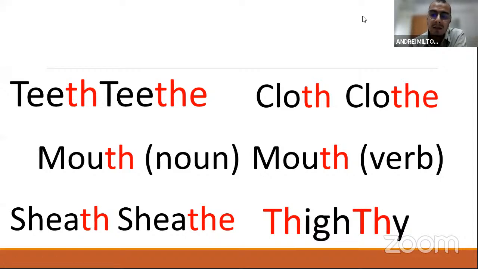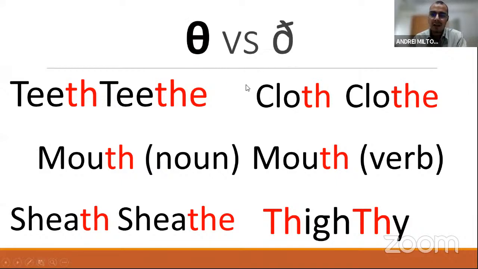Mouth and mouth. Then sheath and sheath. Then thigh and thigh, right? Can you try it? Not ta, not da. It's teeth and teeth. Okay, try it. I want to see your tongues outside. Yeah, like that. Those teeth and teeth, vibration, teeth, right? Very good. So it's the and the.